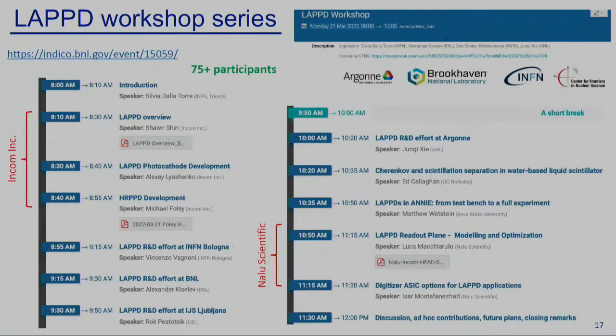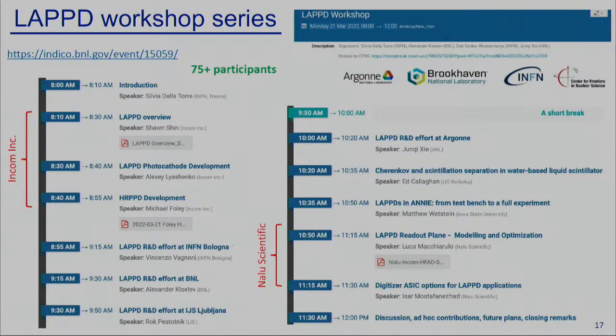And this is my last slide, just an advertisement. We are now doing the LAPPD workshop series, which is organized by Argonne, Brookhaven, and INFN. I mentioned in one of the previous slides that INFN is also joining the beam test campaign in June. You can see the agenda of the first meeting, where there were reports from research groups across the world, and then manufacturer talks and ASIC manufacturer talks.